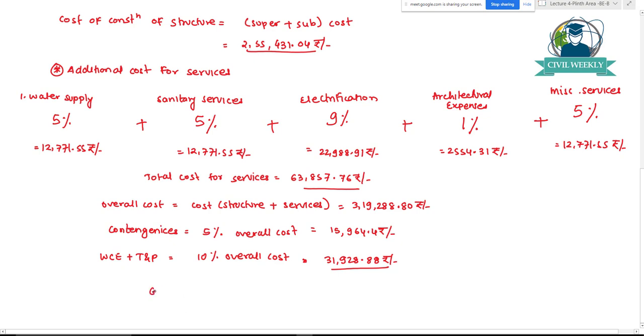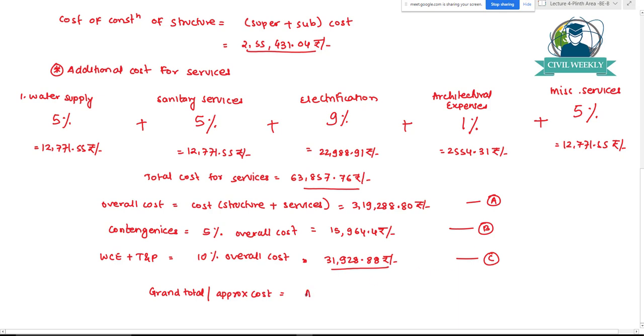Okay. So once we have calculated overall cost, contingency, work charge establishment and tools and plants and machineries, the last step will be to find out the grand total or the approximate cost of a particular project. So it will be overall cost plus contingencies plus work charge establishment and tools and plants and machineries.